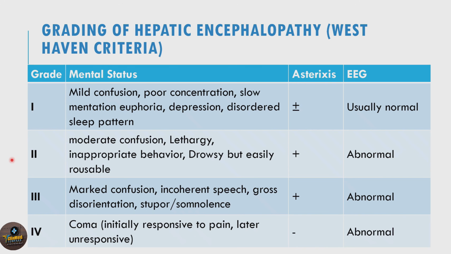Asterixis is present and the EEG is abnormal. While in grade 4, they have coma, which is initially responsive to pain, but later unresponsive. In this grade, there is no asterixis and the EEG is abnormal. These grades guide decisions on airway protection and ICU care.